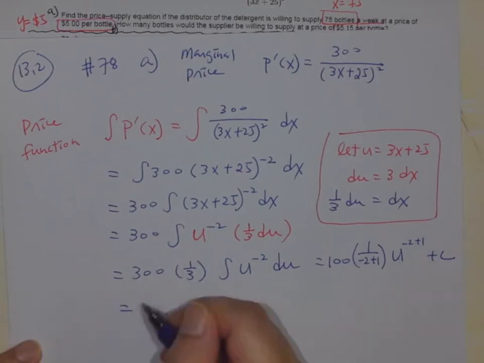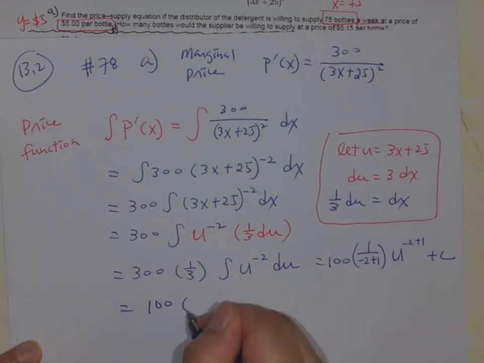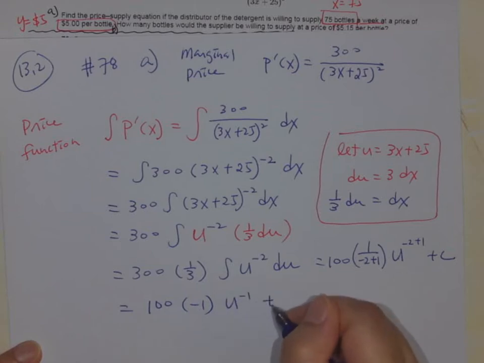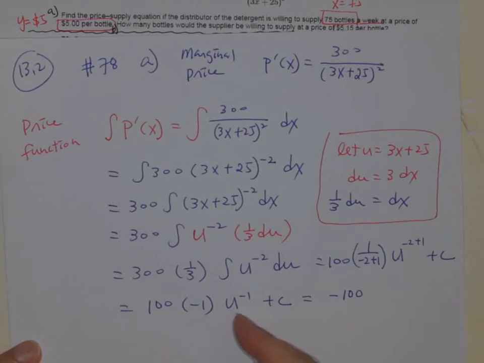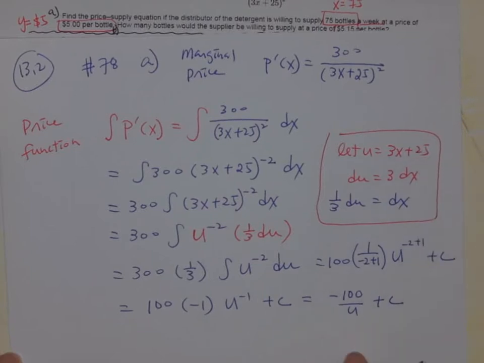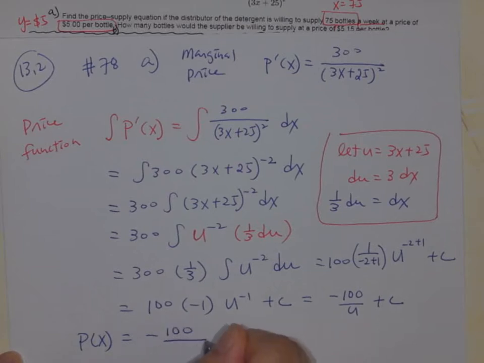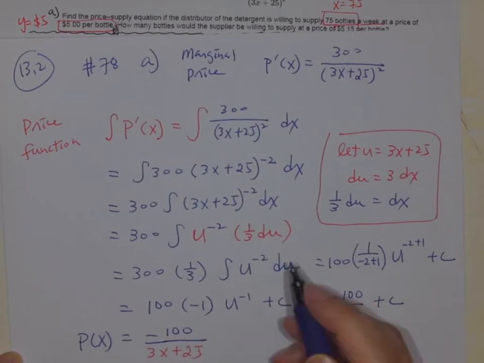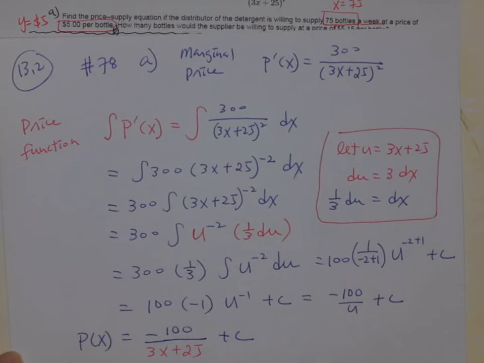Okay, so that would give me 100 times negative 1 u negative 1 plus c. So it's just negative 100 because this u is a negative power, so go to the bottom, plus the c, and then I'm ready to substitute it back, right? So p of x will equal to negative 100 over my u, 3x plus 25, and then plus the c.